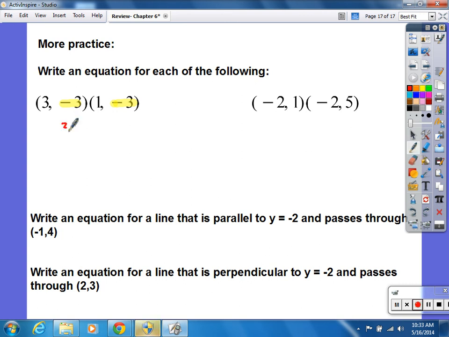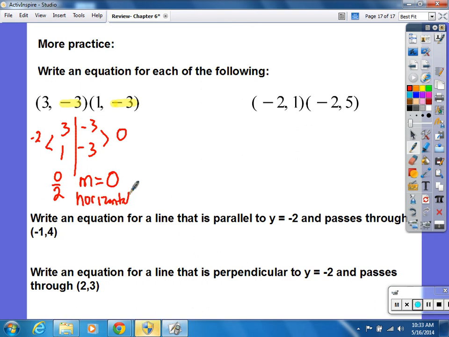But if you're not picking up on that, we could also find the slope of this line. When I find the slope, I see that the change in y is 0, and the change in x is -2, which gives me a slope of 0. We know that a line with a slope of 0 is going to be horizontal and is going to be a y equals blank kind of equation.